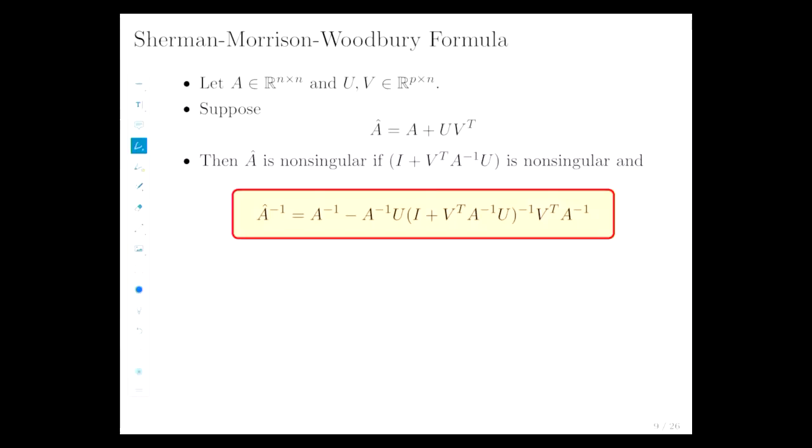It says, if I have a matrix A, whose inverse I know, and A hat is constructed by perturbing A by something, UV transpose, then the inverse of A hat is given by this formula.